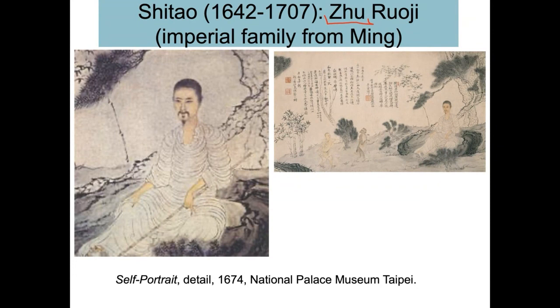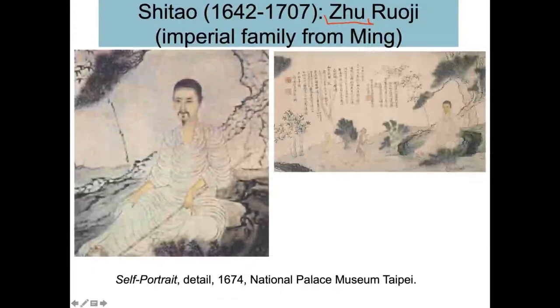Then he is seated in the middle of the mountain. And look at his age. He didn't live that long, like 65 years. He died in despair, right? The Ming Dynasty was never restored.